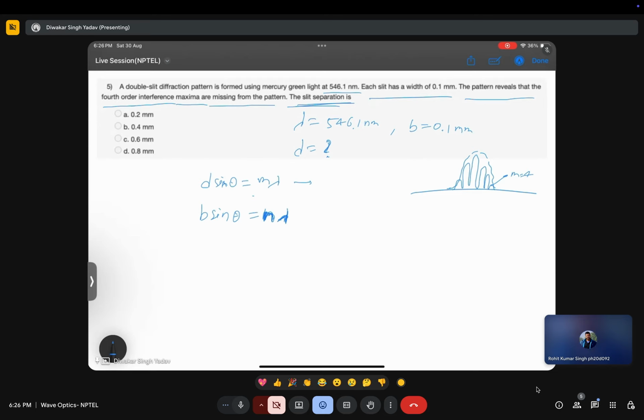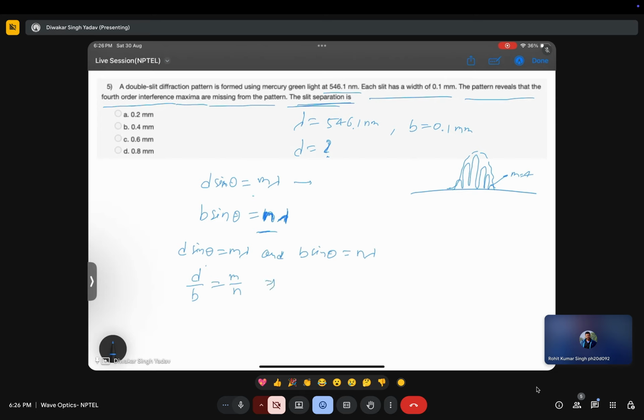So if there exists this n such that d sin theta equal to m lambda and b sin theta equal to n lambda, this happens simultaneously. So both these conditions are satisfied. If you just divide them, you get d by b equal to m by n.